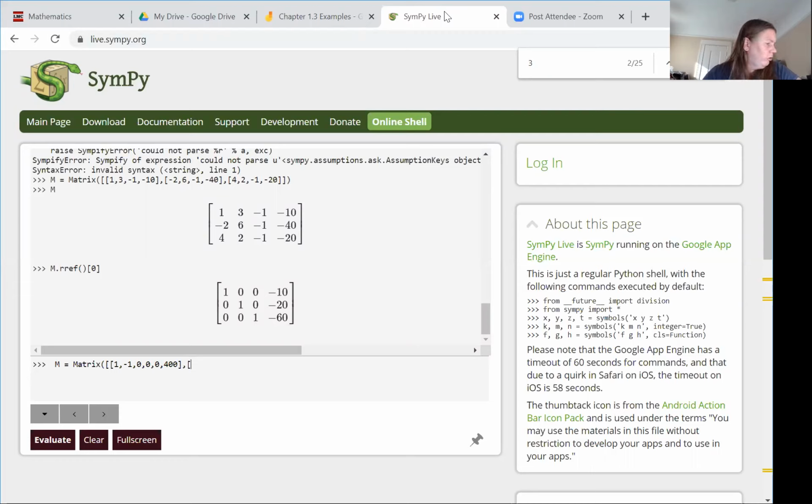And then our next row is 1, 0, 1, -1, 0, and 600. Let's see, our third row is 0, 1, 1, 0, 1. And our last row is 0, 0, 0, 1, 1.